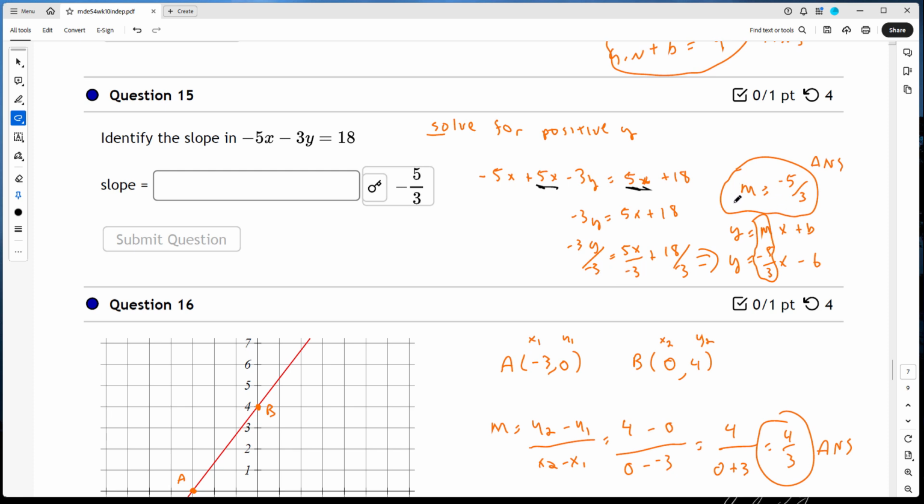In this case here, we can solve it for y. Here, y is equal to a negative 5/3 x minus 6. My slope is a minus 5/3, and that's all they asked for. What the slope is, minus 5/3.